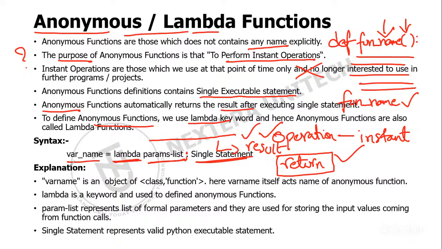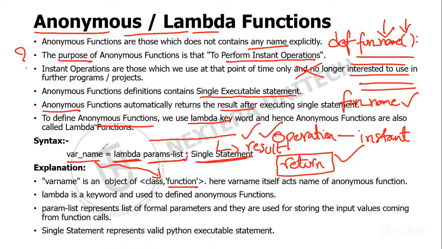So the explanation for the syntax is that the variable name is nothing but the object. It is an object of function, guys. When you try to get the type of this variable name, it returns class of function. So this variable is an object of function.